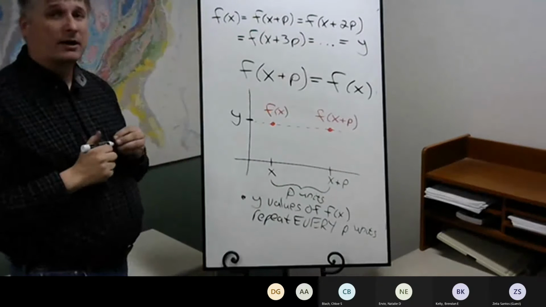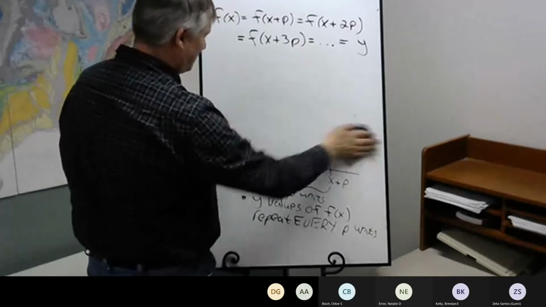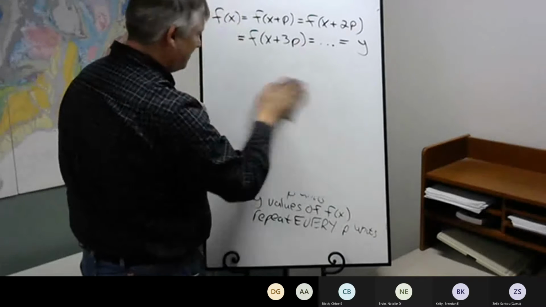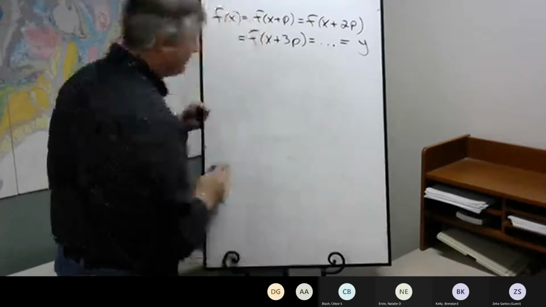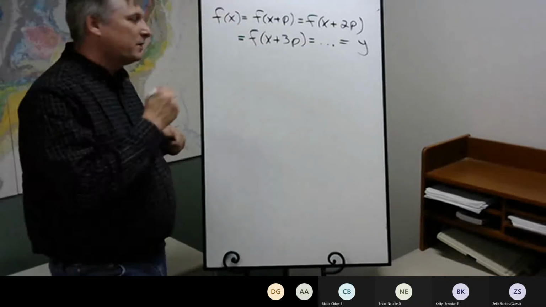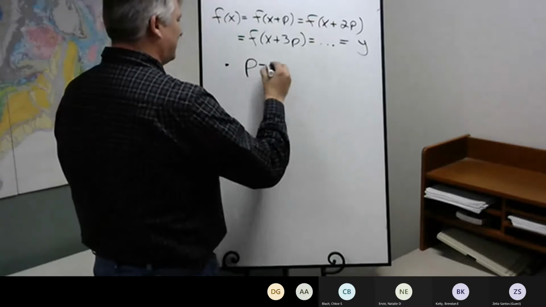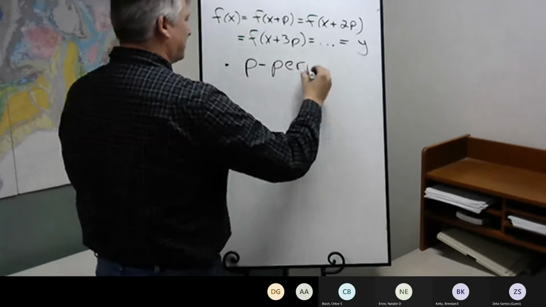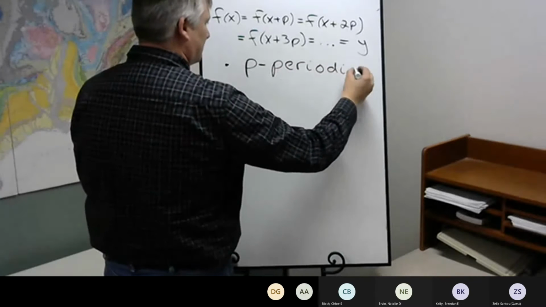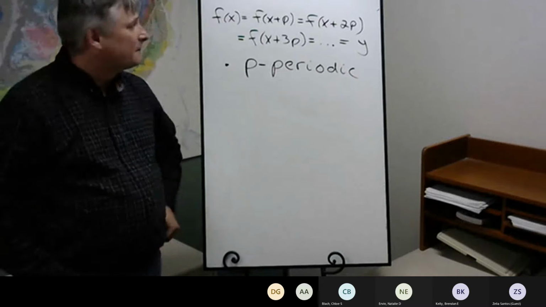So this is what we call a function that's p periodic, like it has this period of p.